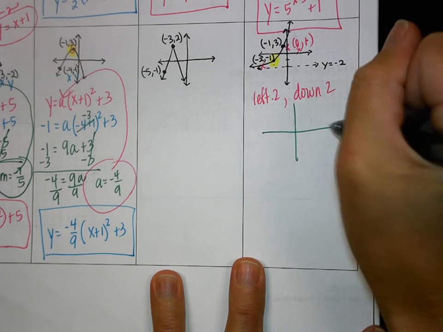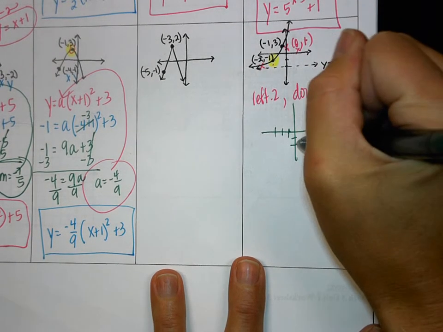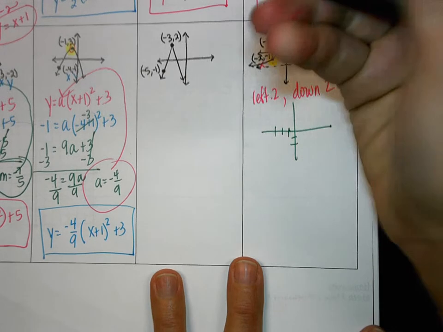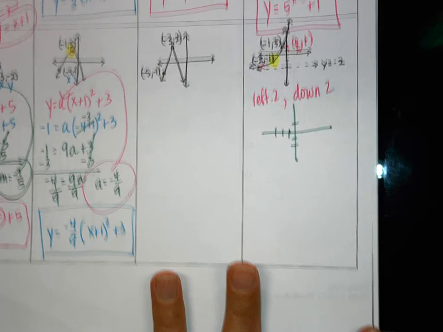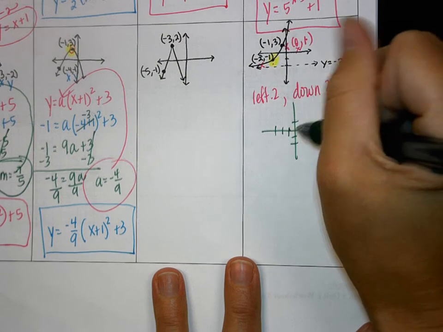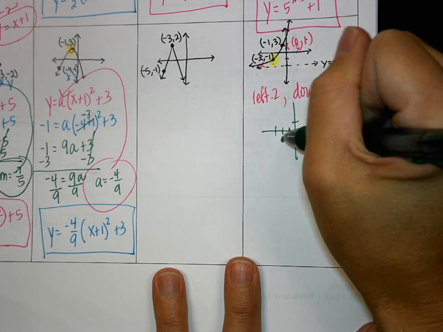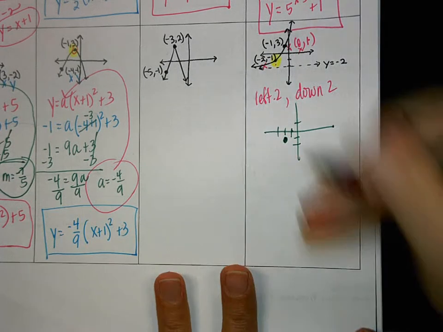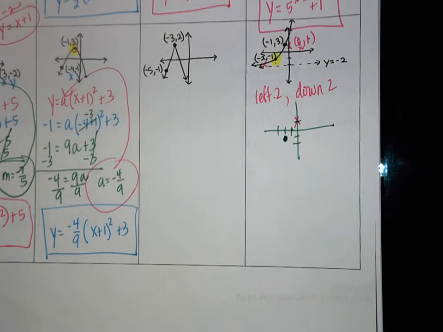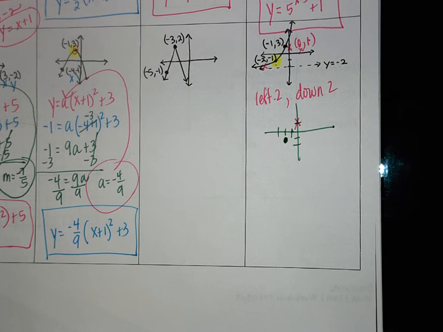I'm listening to some of you, I feel like there's still a little confusion. And so I'm just going to kind of draw it out here. This point right here is at -2, -1. So I'm going left 2, down 1, and that's that point. But my original is at 0, 1. If you're looking at a coordinate plane, it's easier, I think, to see than right here where everything doesn't quite match.